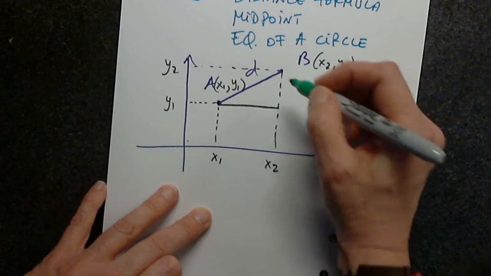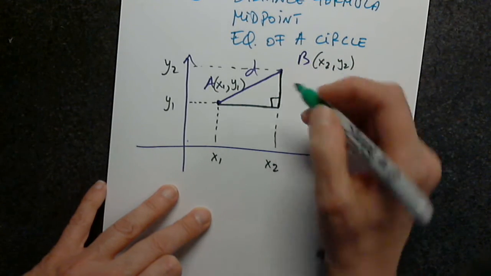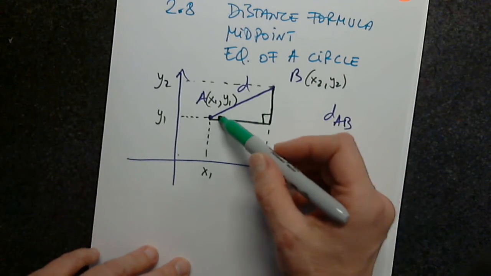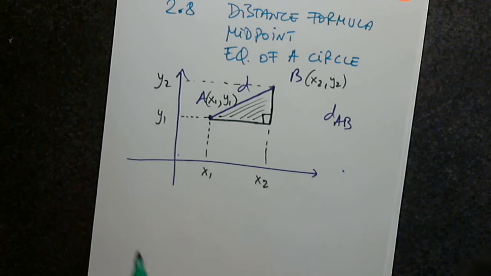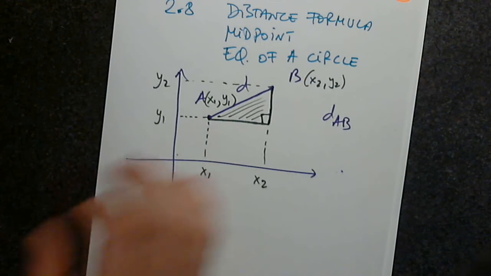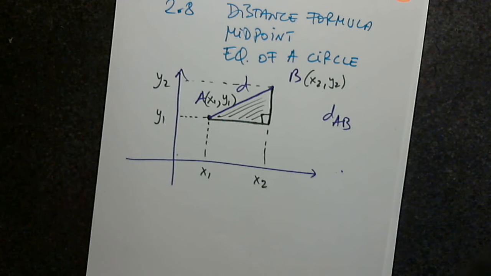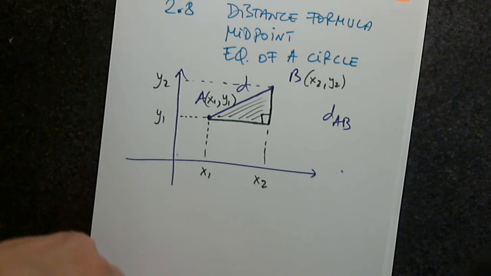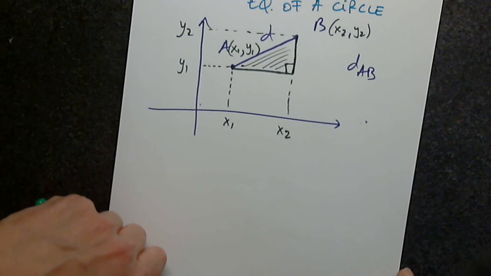Next, I'm going to form a right triangle. And there is a theorem that will allow us to connect the lengths of the sides of the triangle, the hypotenuse and the legs, in one equation. And that is what theorem?